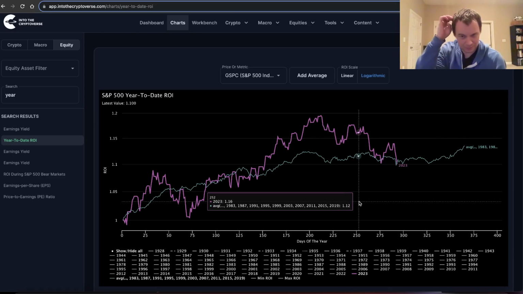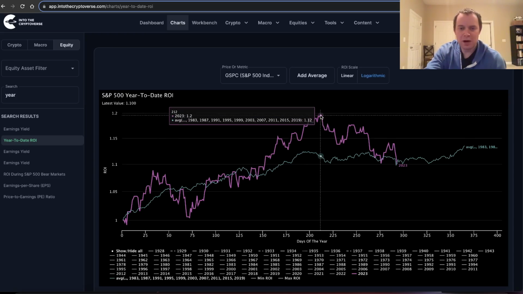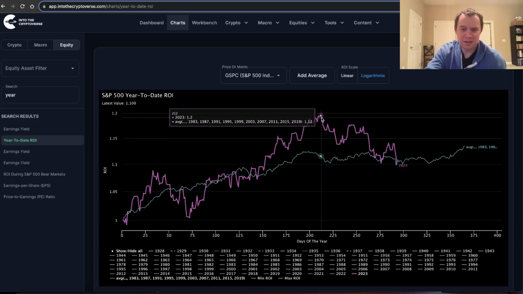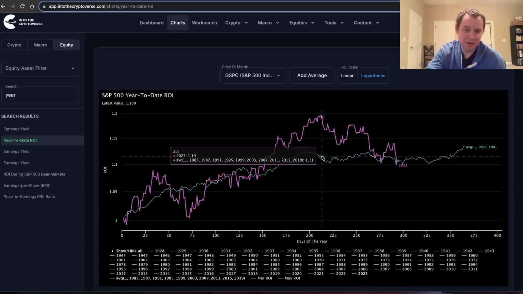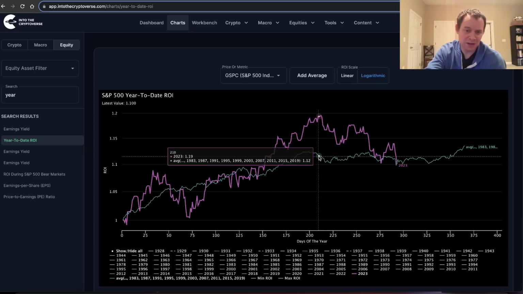So the S&P 500 was up more than it normally is by July of pre-election years by a significant amount. You can see that the S&P was up about 20%, whereas normally, if you look at the average, it's only up about 12%.